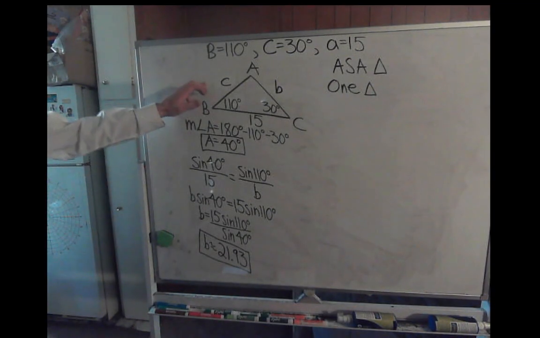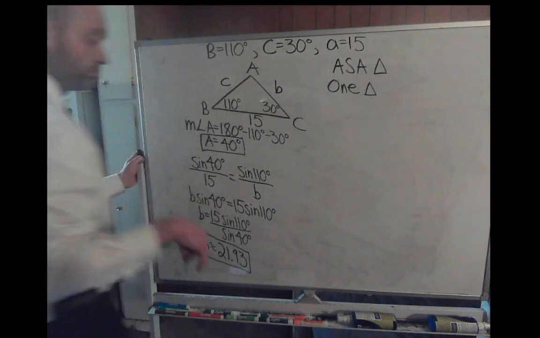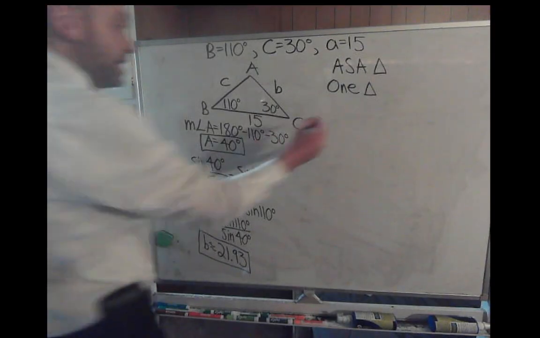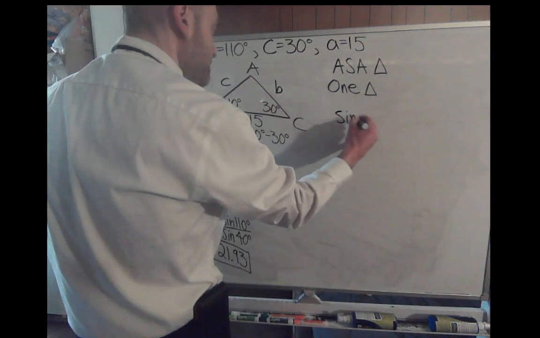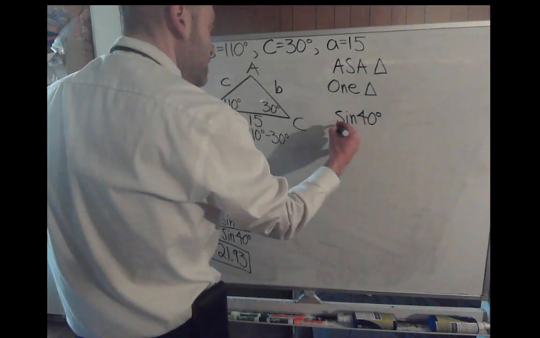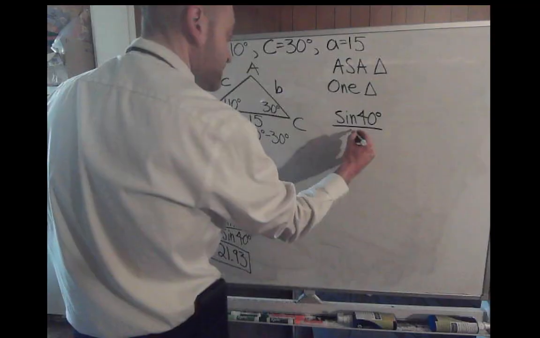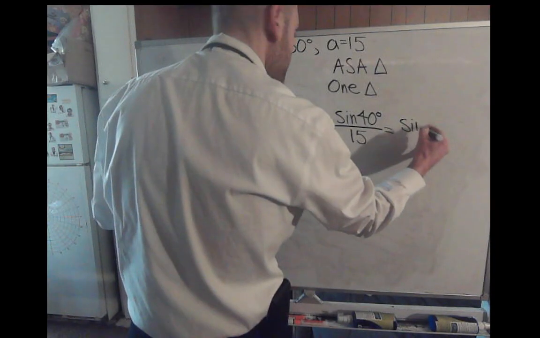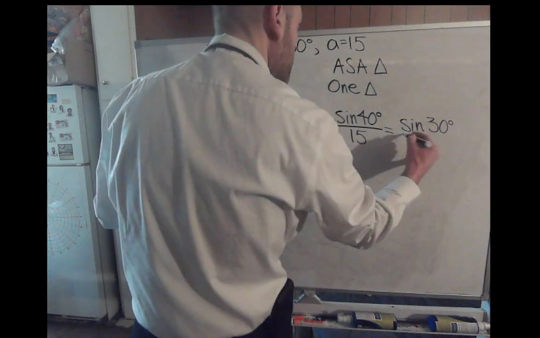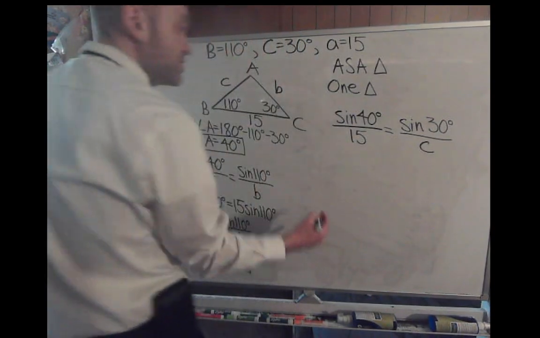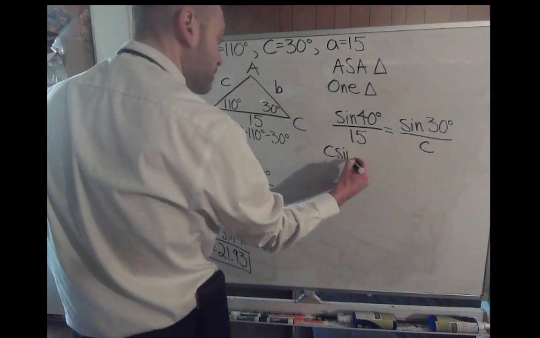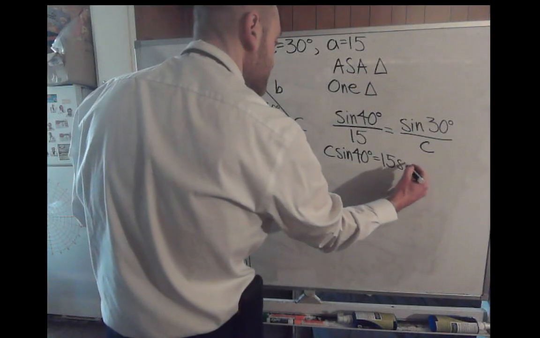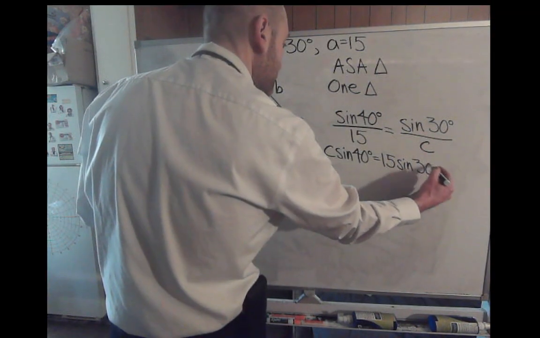Now, we still need to find side C, so let's set up our law of sines ratios again. So angle A is the sine of 40 degrees all over side A, which was 15, equal to the sine of C, which was 30, so the sine of 30 degrees all over C. So that means C times the sine of 40 degrees equals 15 times the sine of 30 degrees.